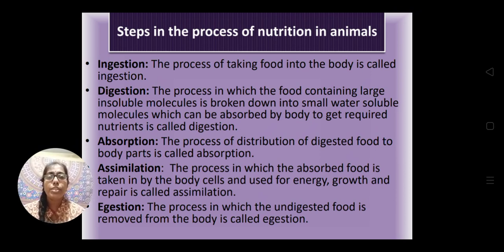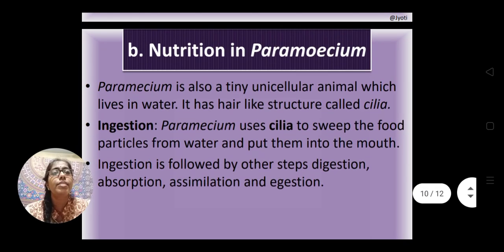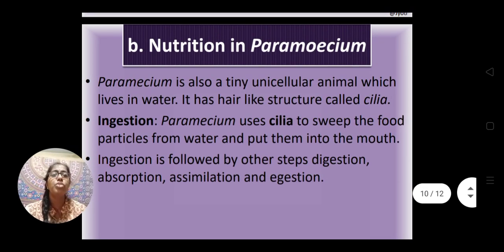And these processes have to take place systematically, one after another, sequentially. After ingestion, absorption cannot take place before digestion, and after absorption, egestion cannot take place before assimilation. So these processes need to take place sequentially.